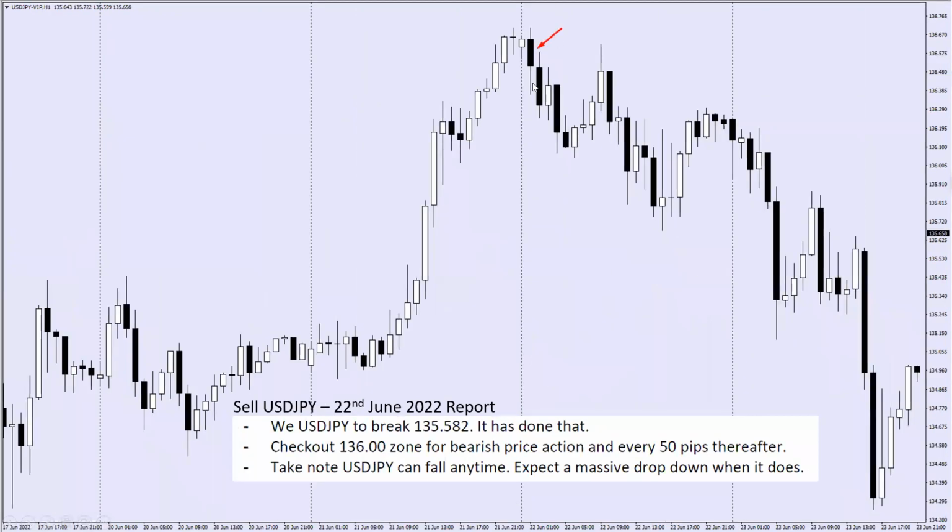Now, this is another one. For this situation over here, I have a wick over here, and this wick is rather long, and that leaves me a bit uncomfortable. So in this kind of situation, do I take this trade?